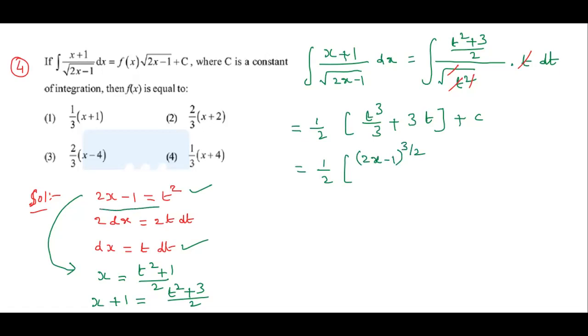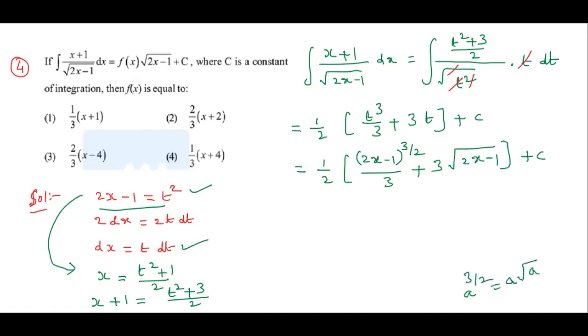Here calculate that. Divided by 3, plus 3 into the t value, which is under root 2x minus 1, plus c. Already we know that a power 3 by 2 is a root a.